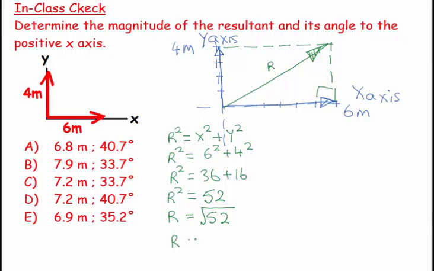So r is equal to, and I get my calculator, my simple calculator, and I'm going to say second square root. I've not got my glasses on. Second square root of 52 is equal to 7.211. So this is going to be 7.2 meters.